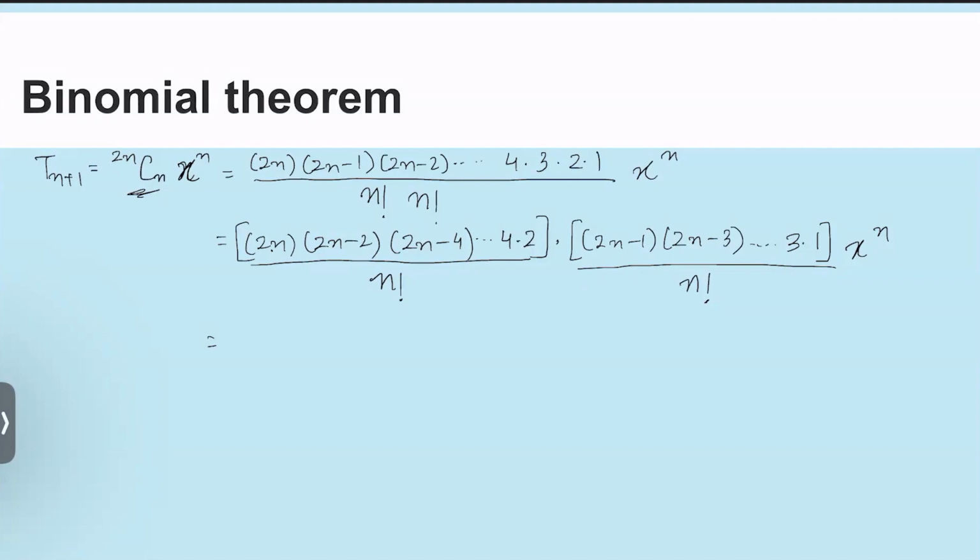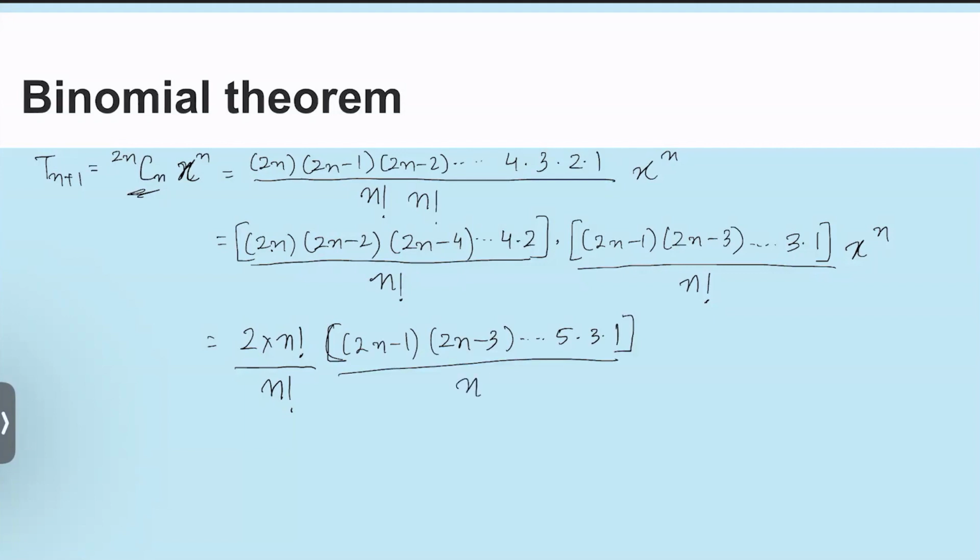So this actually becomes equal to 2 to the n into n factorial upon n factorial. And this part we just write as it is: 2n minus 1, 2n minus 3, up to 5, 3, 1, upon n factorial.